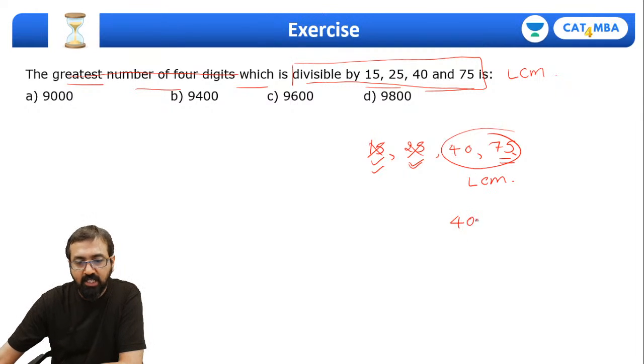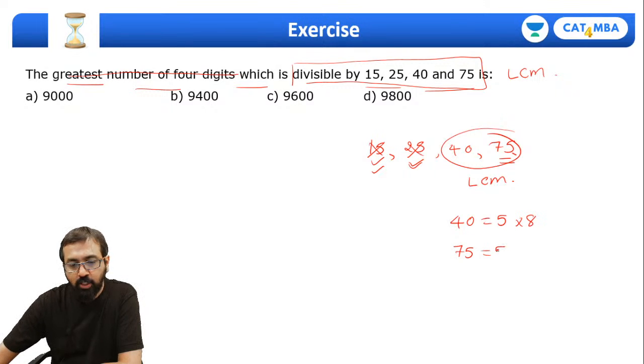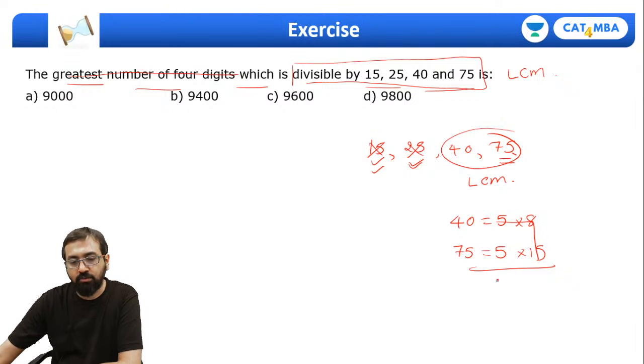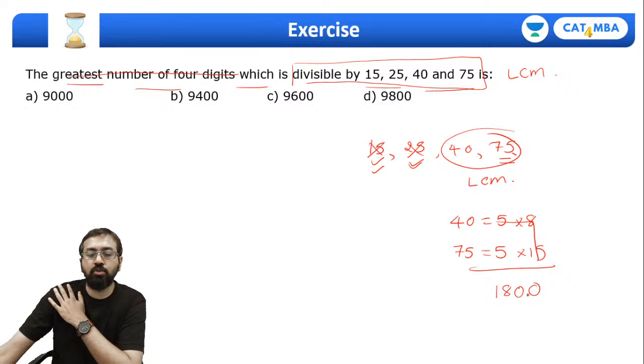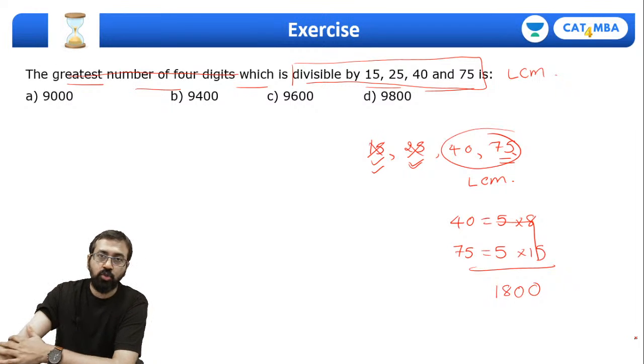So what is 40? I can go by any method. So 40 can be written as 5 into 8 and 75 can be written as 5 into 15. So the LCM will be 5 into 8 into 15. If you calculate, this will come out to be what? 1800, right? Yes or no?